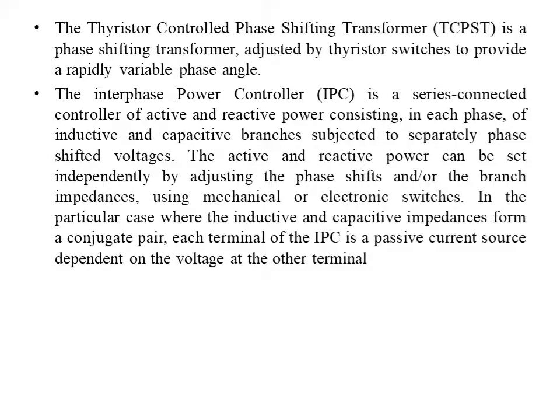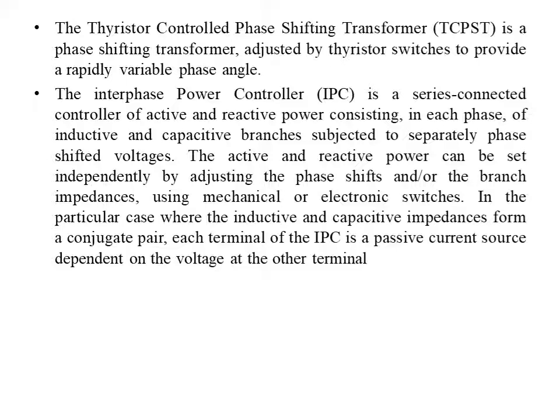The IPC, that is Interphase Power Controller, is a series connected controller of active and reactive power consisting in each phase of inductive and capacitive branches subjected to separately phase shifted voltages.